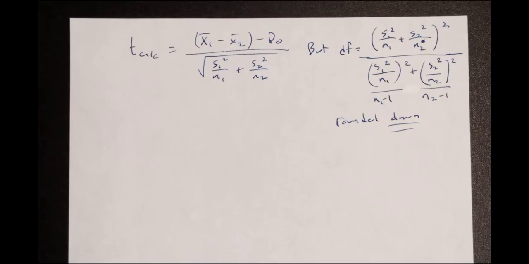Even if I don't have known variances, if my samples are big enough, I can use S instead of sigma. Even if I'm doing z-scores, because I've got a large enough sample, I can assume the central limit theorem. And that allows me to use normal distributions.